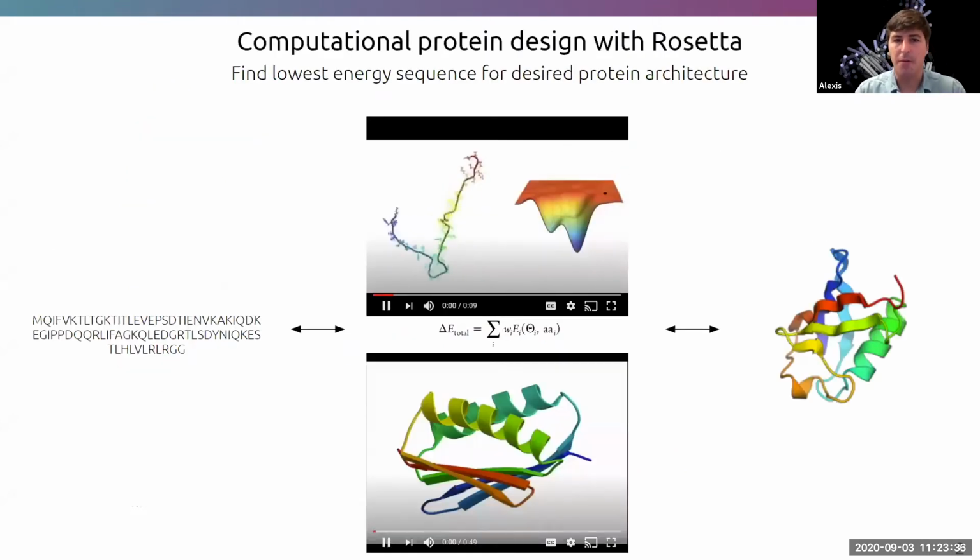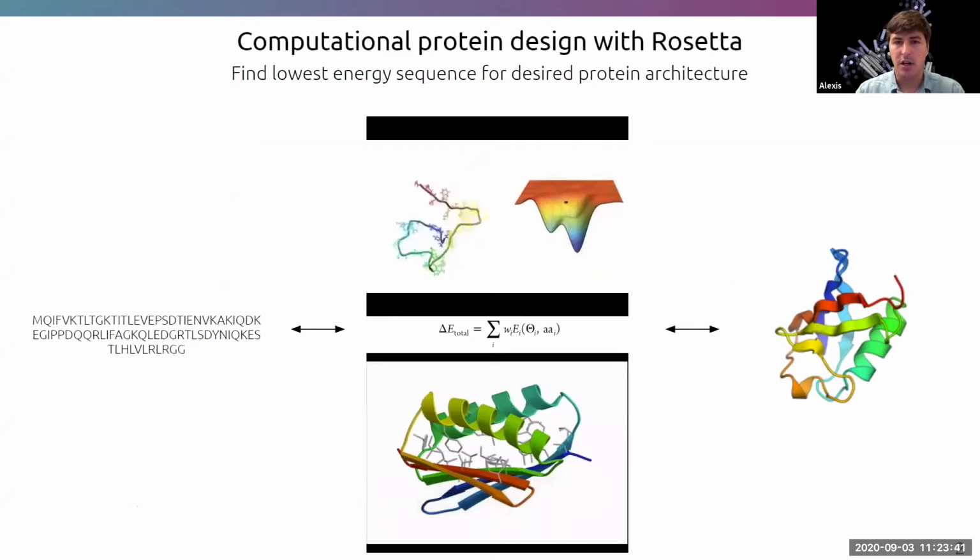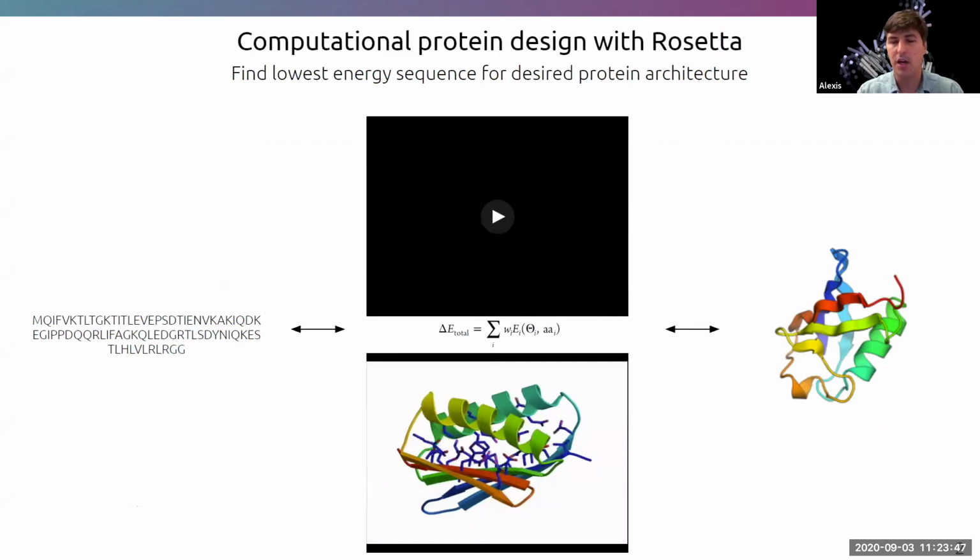So very briefly, I just want to remind people what we mean by computational design. Computers allow us to find a correspondence between the sequence of proteins and their energy, right? And so as much as you can fold sequences and try to find the shape that these sequences encode, we can also specify a shape of the protein and then find the lowest energy sequence that would allow this protein to exist.